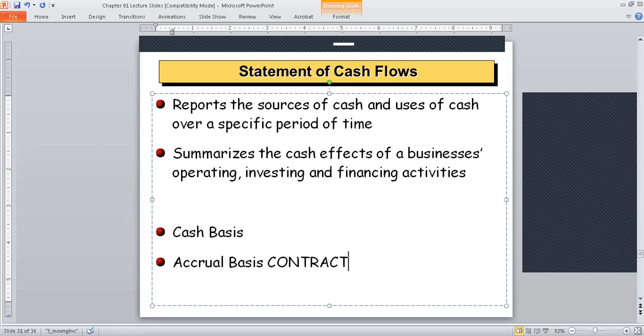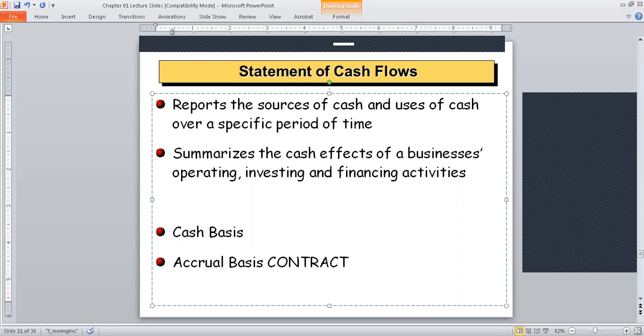And we've talked already about how important contracts are. It's when a contract is formed that revenue is recognized. It's when a contract is formed that expenses are recognized, even if the cash flow hasn't happened yet. Because the accrual basis of accounting looks at legal rights and legal obligations.